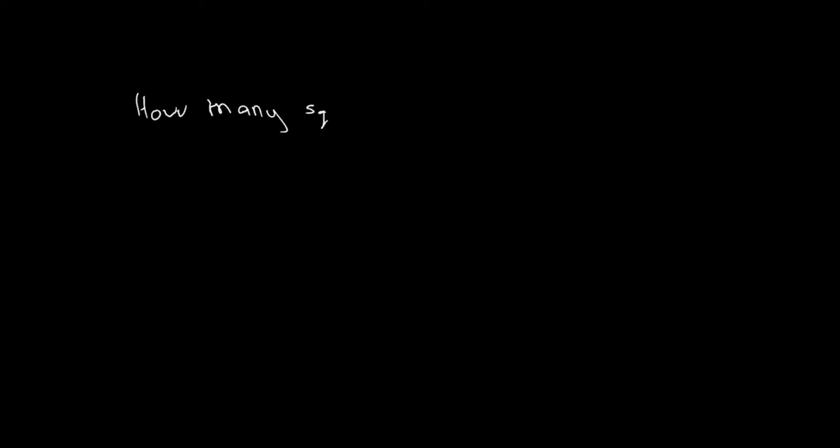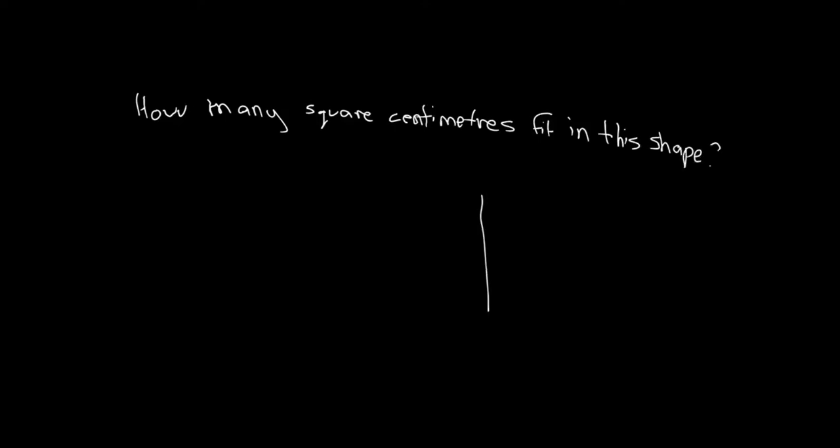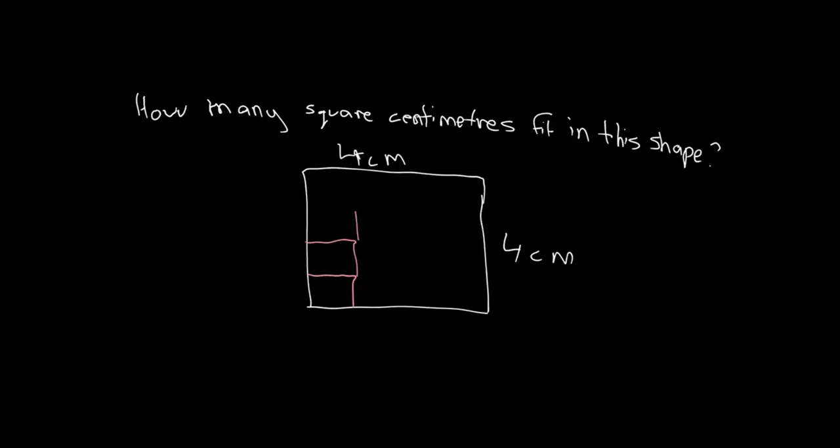Now if we want to look at how many of these square centimeter boxes from before fit in the following shape. So if I've got a 4 centimeter by 4 centimeter box and I draw in all of my little squares, obviously I can fit 4 across and 4 up.